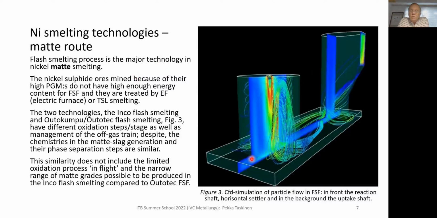The other technology used in this area is electric furnace smelting of nickel sulfide calcine, so partially roasted nickel sulfide concentrate, which was used probably only in one smelter in the world.